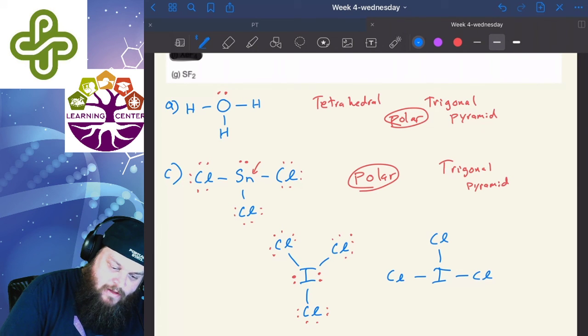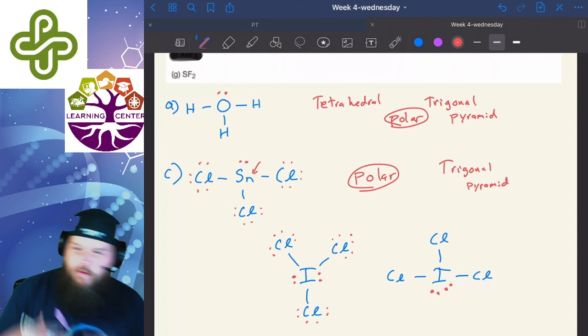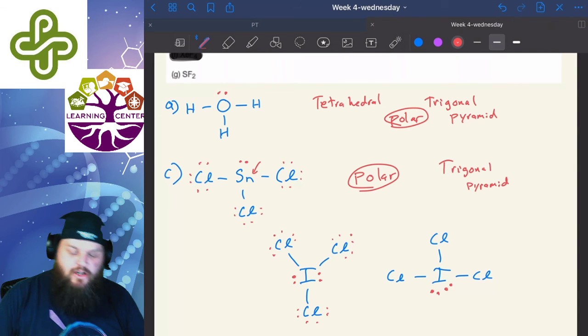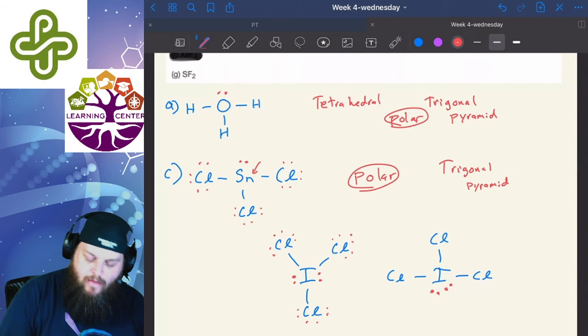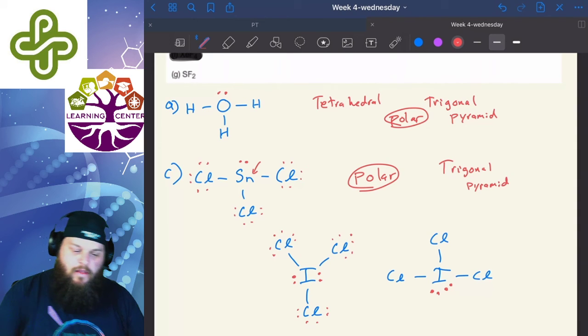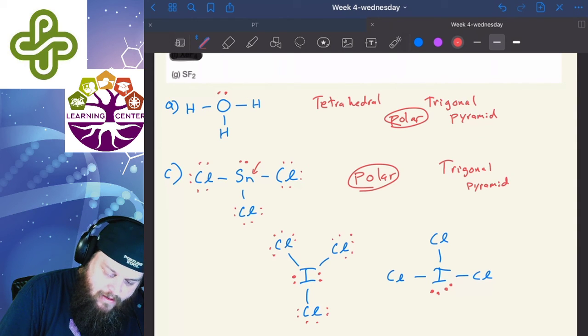We have the chlorines, and all the lone pair electrons like to float towards one side of it. And it creates this kind of weird T-shape molecular geometry. But we can see when we look at the vectors of the electronegativity that's going on, that the chlorines are pulling up, out, and out.